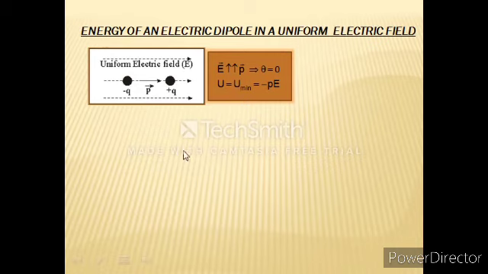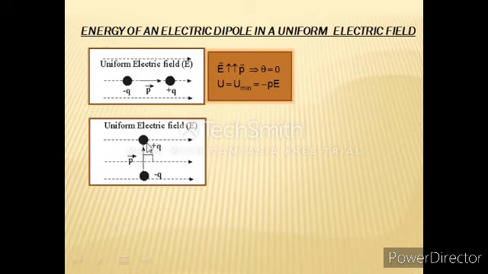Let's see the other case. If we orient it perpendicular this way, this time E and P are perpendicular. Theta 90. Energy is 0.